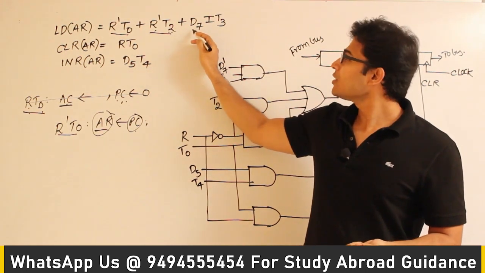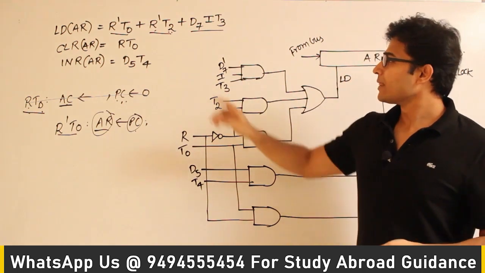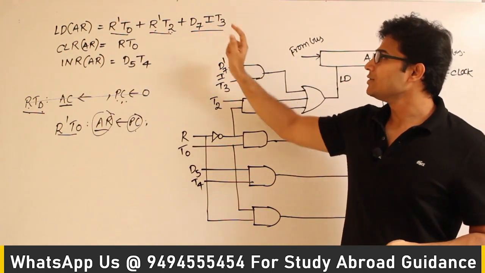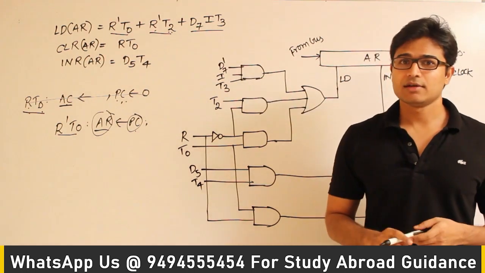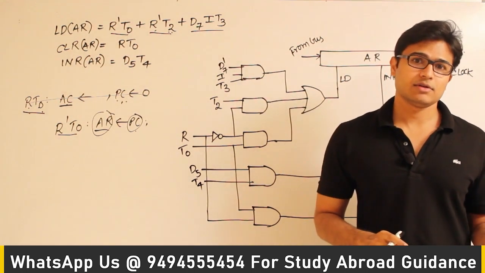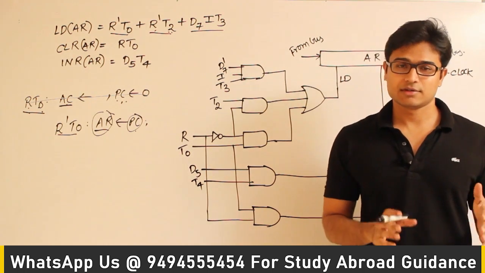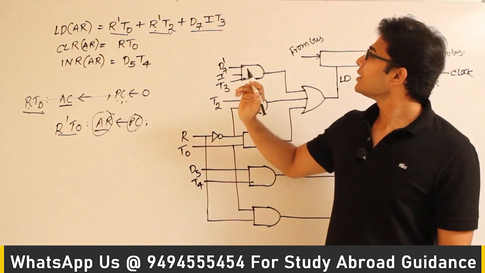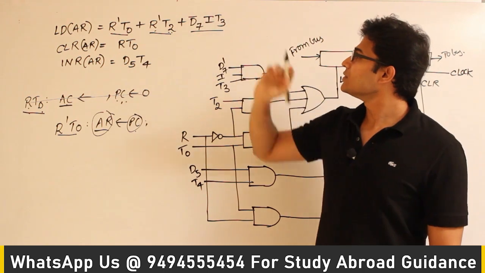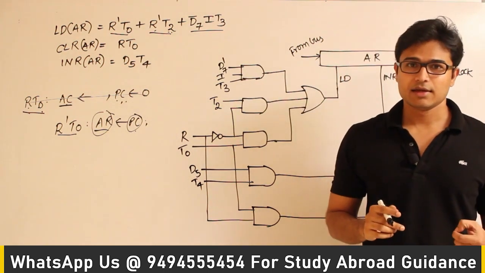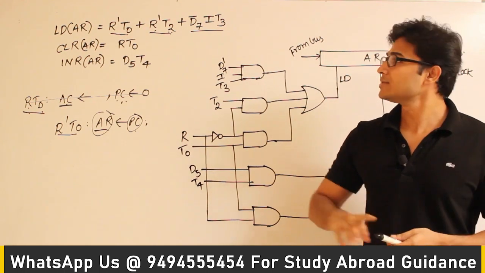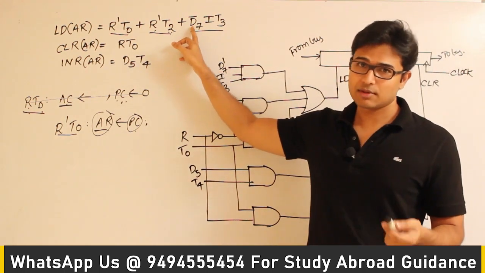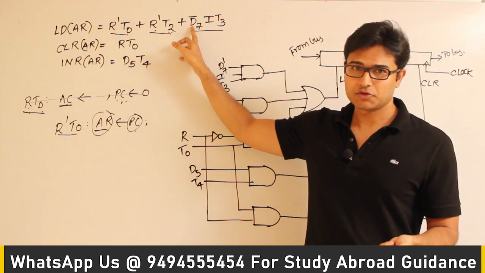Got it? And what about this one? If you see this, D7'IT3, if you remember, D7 indicates whether it is a memory related operation or an IO related operation, right? Let's say it is D7 prime. It means that the operation is definitely a memory related operation. In case D7 is 0, it means that it is a memory reference instruction.